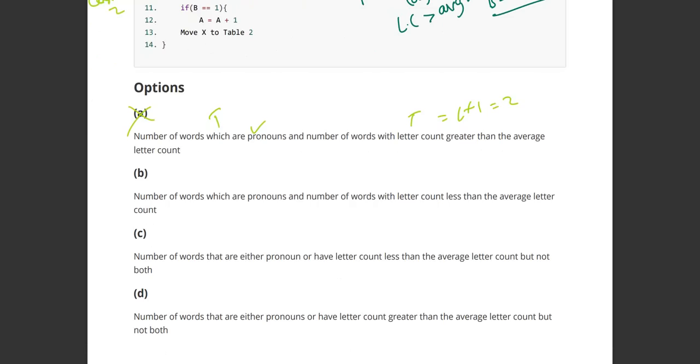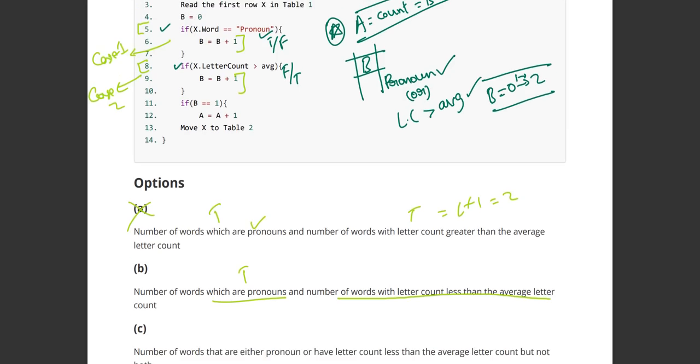Number of words which are pronouns, true. And number of words with letter count less than the average letter count, yes, this is also satisfied, but if you see, it is not fully satisfied, because what about the equal to average letter count as well?